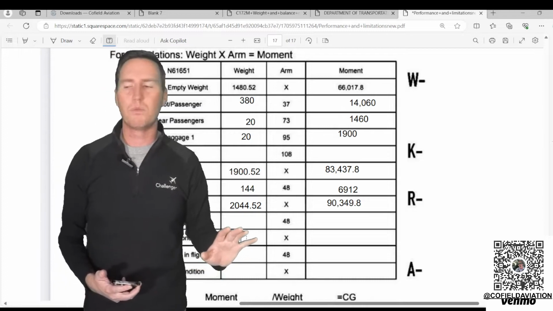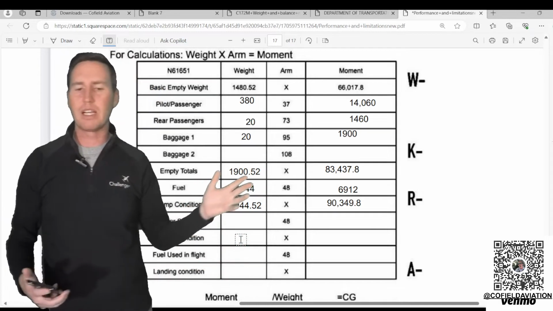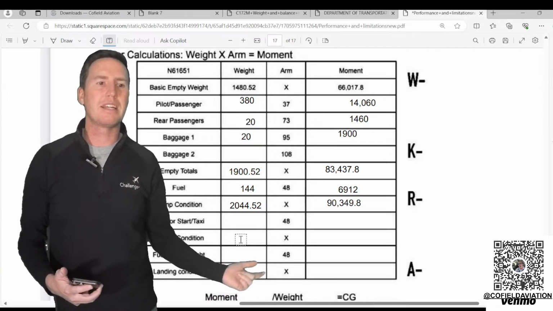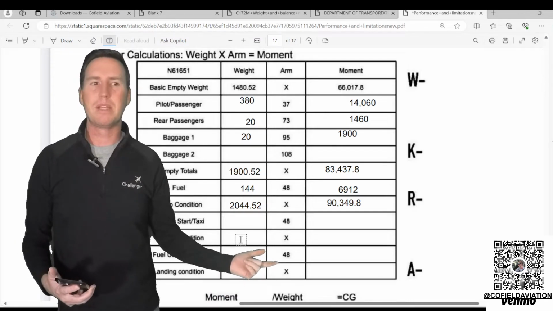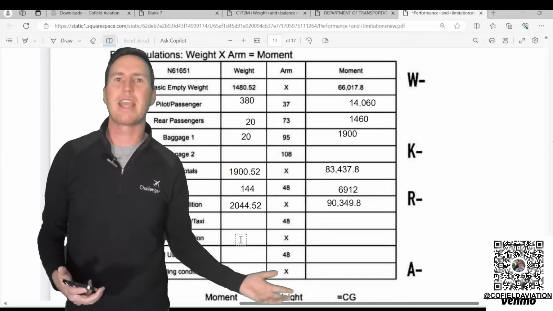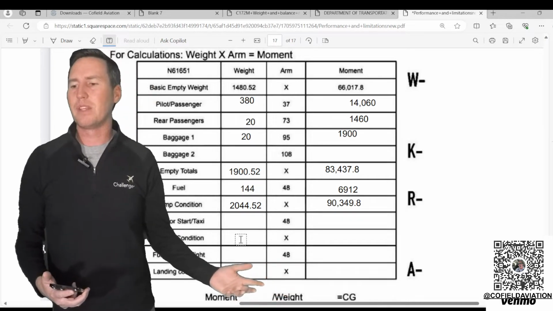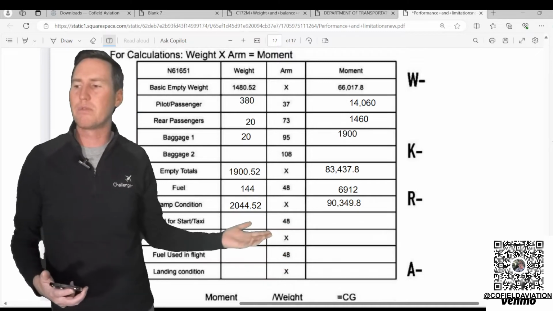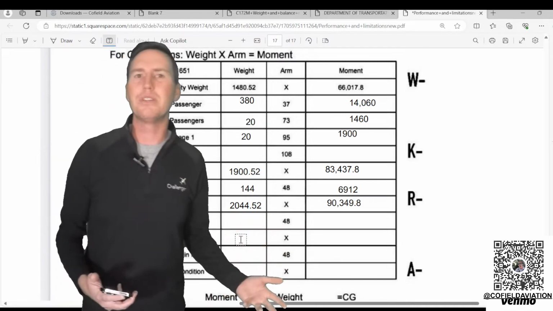One situation is a lot of people always top the airplane off. Well, if you get an airplane that has a maximum capacity of like 96 gallons, and it only burns like 15 gallons an hour, why do you top it off all the time? Because then you can't put 4 people in there if you need to, right?